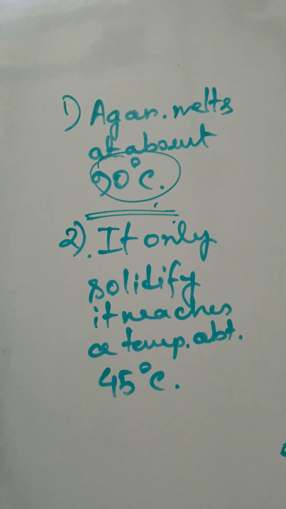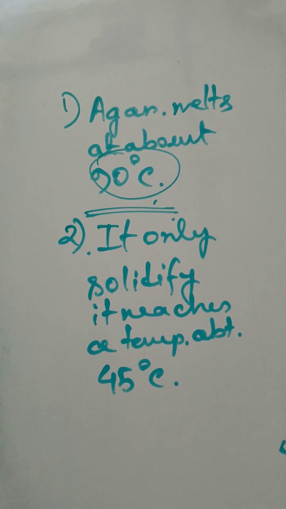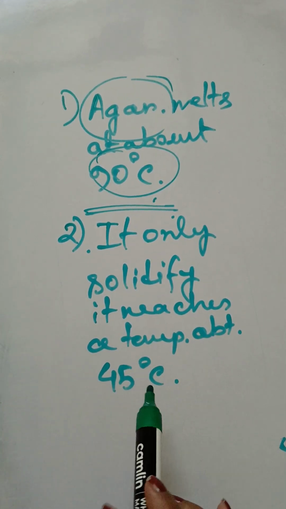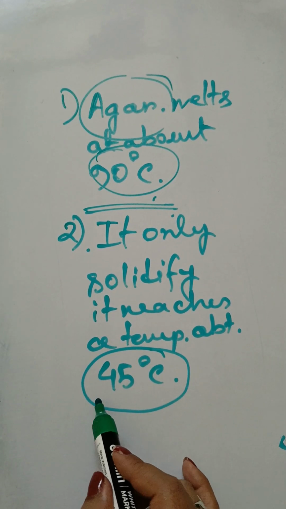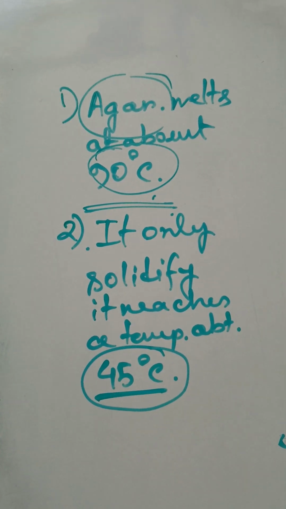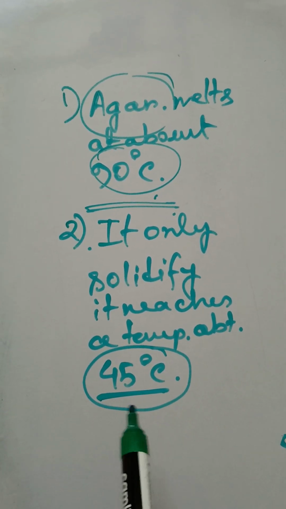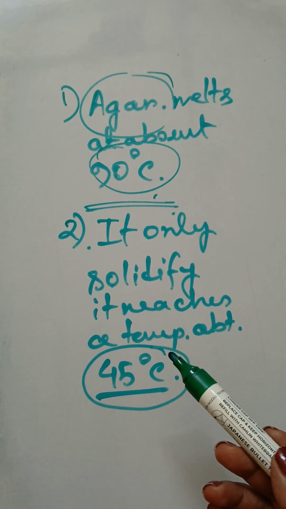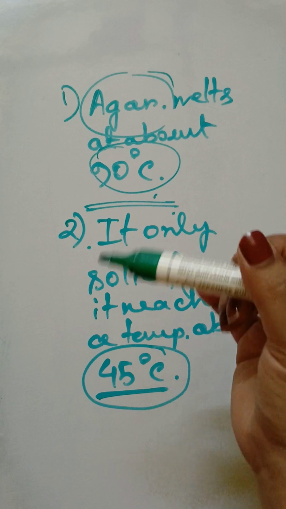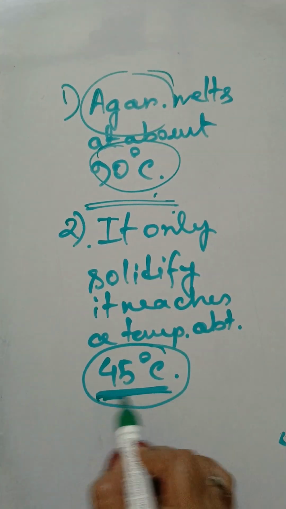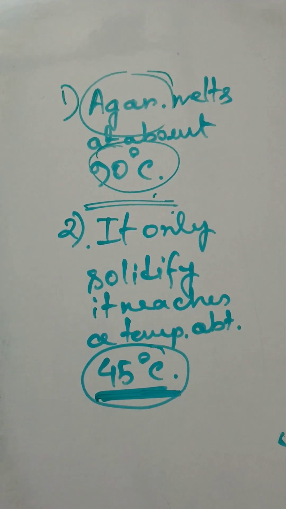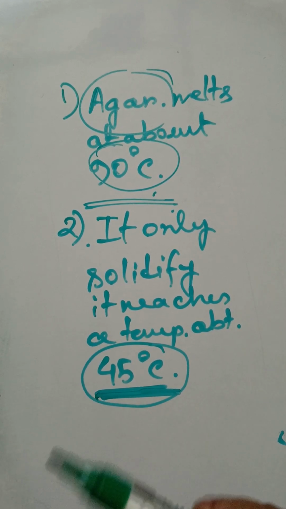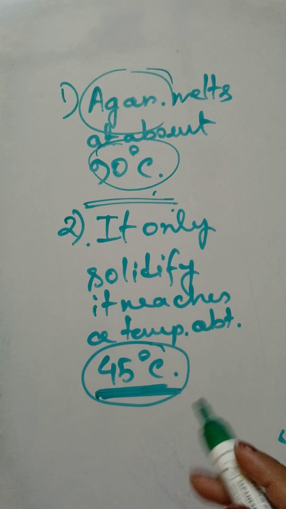At 60, 70 or 50 degrees centigrade, the agar is not solidified. At 40 to 45 degrees centigrade, normally 45 degrees centigrade, as experimentally proved, the agar will solidify. And at 90 degrees centigrade, which is just double of this solidifying temperature, the agar will melt. So it is not so easy to melt the agar and not so easy to solidify the agar.